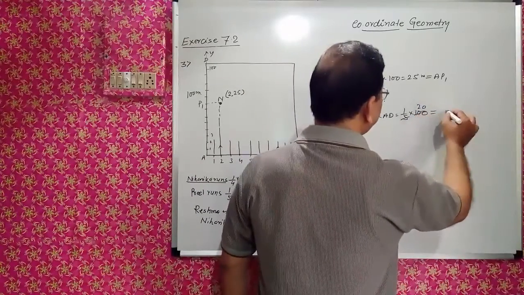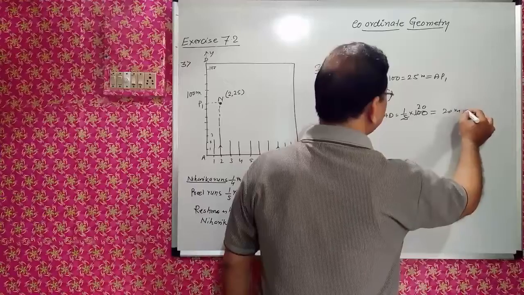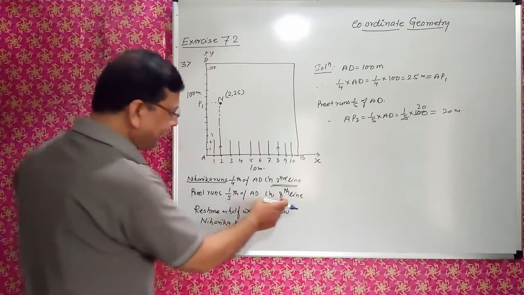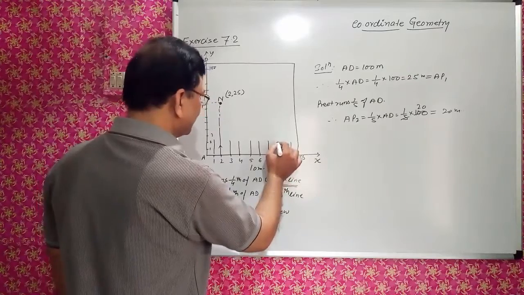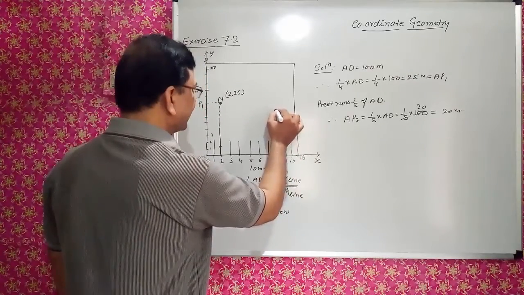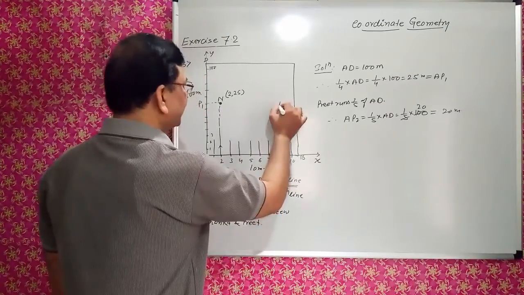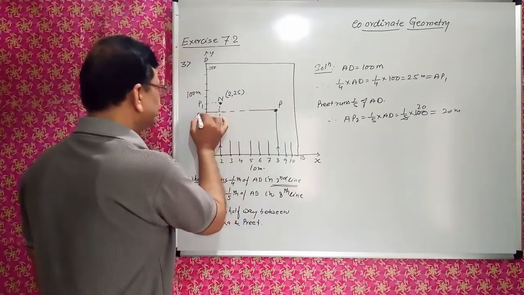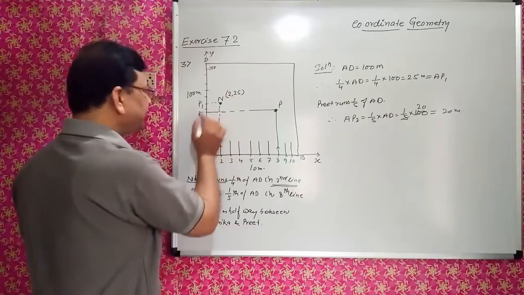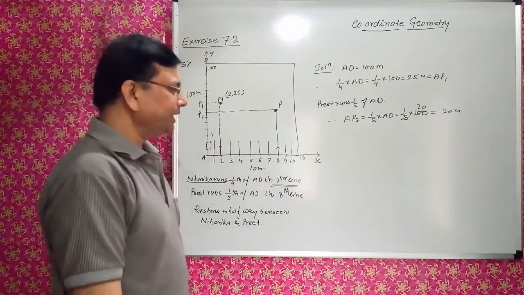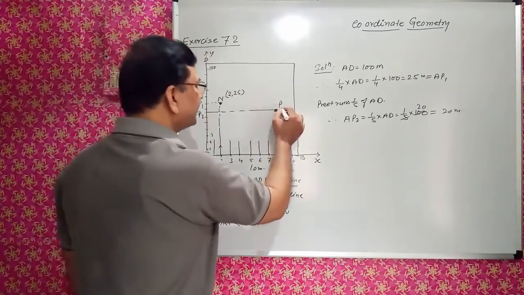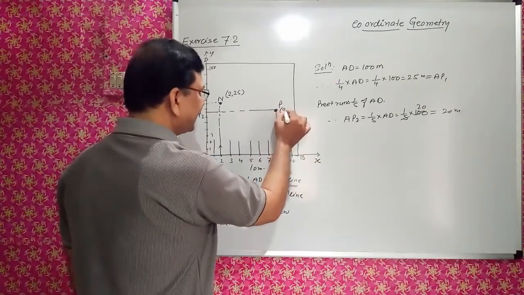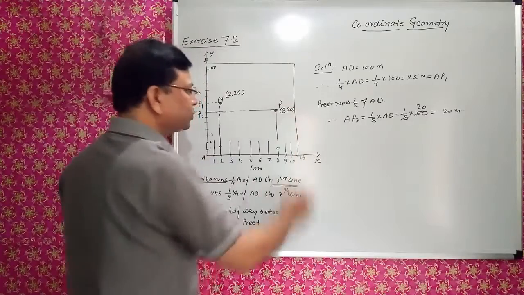It will be 20. So AP2 is 20 meters. So she is in the 8th row. So she reaches somewhere here, right? Preet, I will write P. So she reaches over here. So this is P2 and AP2 is 20 meters. So what is the coordinate of this? On the x-axis it is 8 and y is 20.